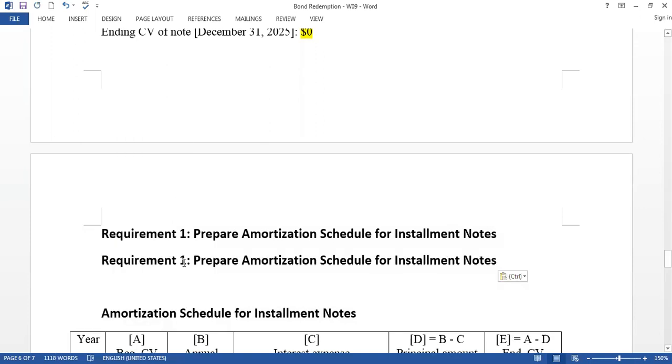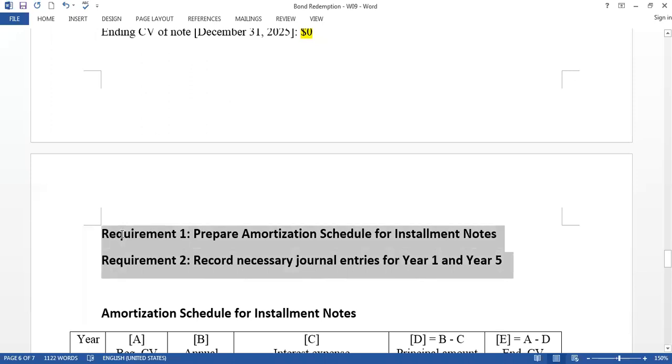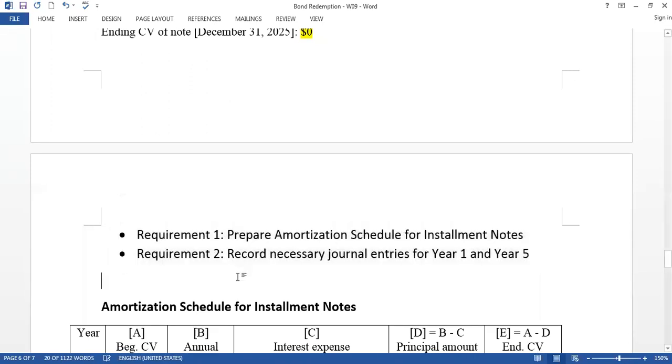Requirement 2 may be to record the necessary journal entries for year 1 and year 5. So it might be your question like this.